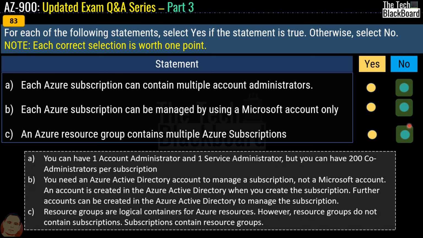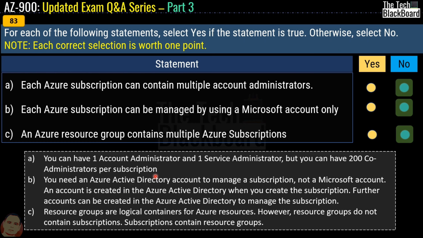And here comes the logic for each of the statements. In the first one, I have given the answer as no, and the reason is account administrator. If I go with the Microsoft documentation, it says that you can have one account administrator and one service administrator. You can also have a lot of co-administrators per subscription.